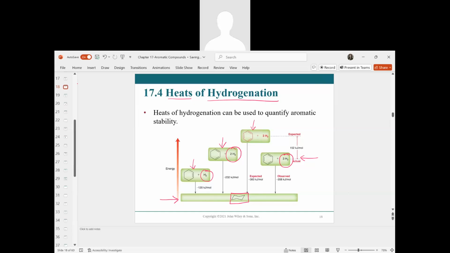So that's what we see, all of these, either single double bonds, two double bonds, or three double bonds, resulting in the same product. That's how we can compare the relative stability of these compounds, the energy difference between each of them to reach the fully reduced form of cyclohexane. So again, what we observe with benzene is that it exists in a much lower energy state than would be expected.